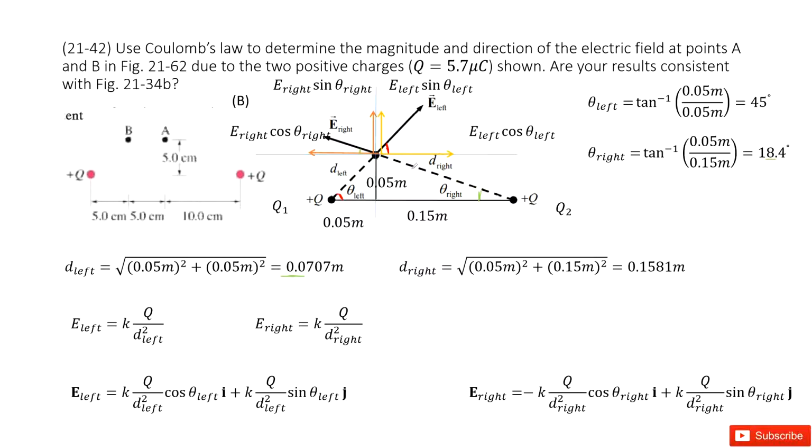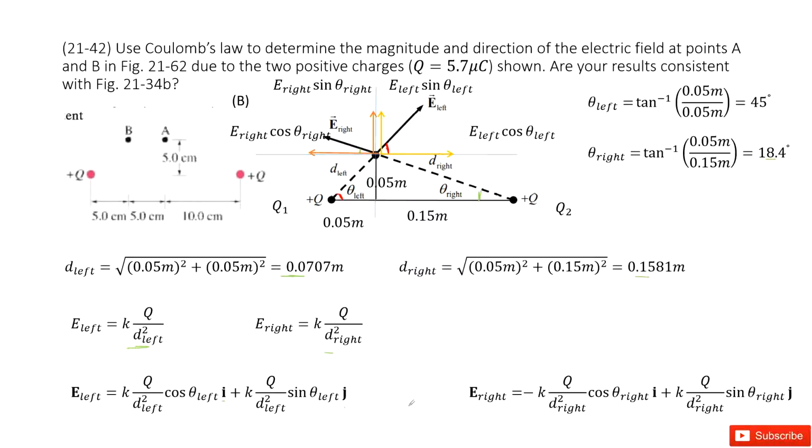In this triangle, we can get D right as this side squared plus this side squared, and we get the answer there. Therefore, we can write the magnitudes of E left and E right in these two equations by applying Coulomb's law. Agree?